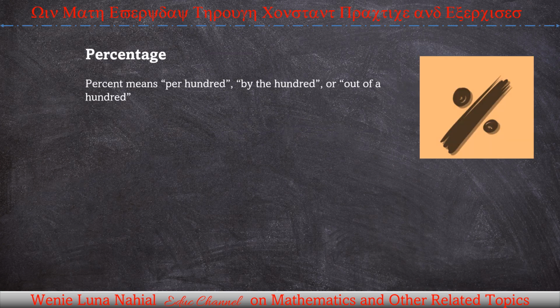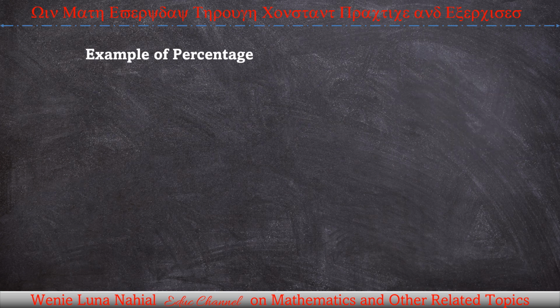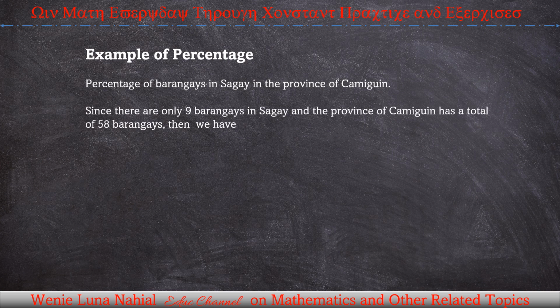Now, percentage. Percent means per 100, by the 100, or out of 100. A proportion can be converted to a percentage by multiplying it by 100. Example of percentage: percentage of barangays in Sagay in the province of Camiguin.